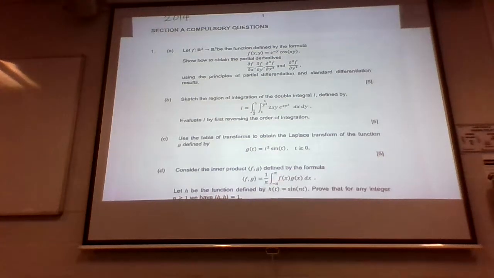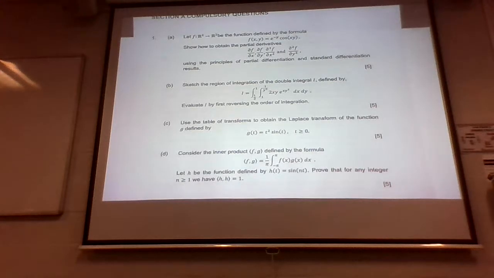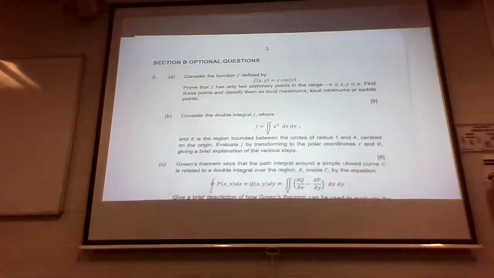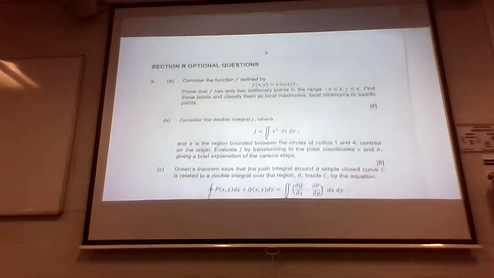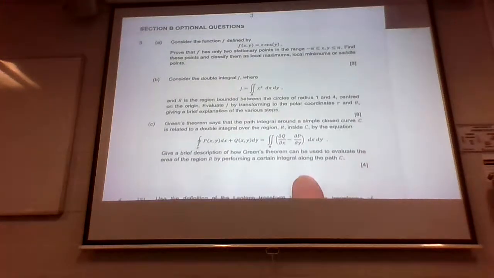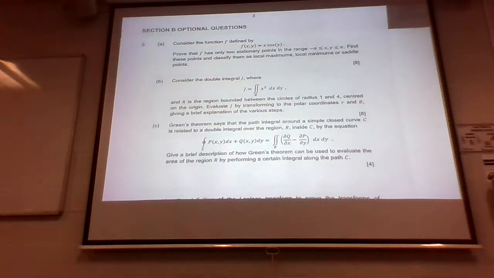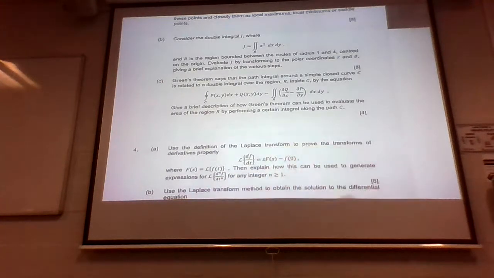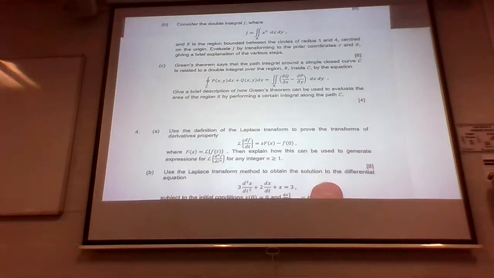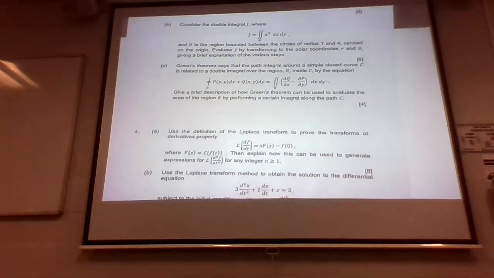So what we've got here on this side, there's the question 1, which is my compulsory question from that year. And on the flip side, we can see all of question 3, which was one of the optional questions. Okay, and this was all about multivariable calculus. My other 2 questions, one of them will be all about Laplace transforms, and the third one all about Fourier analysis.